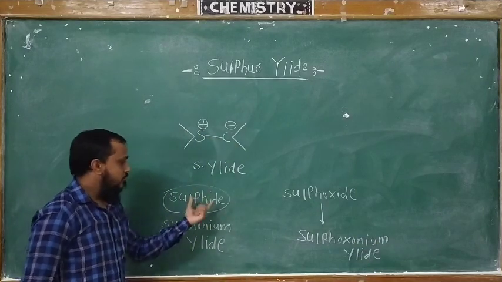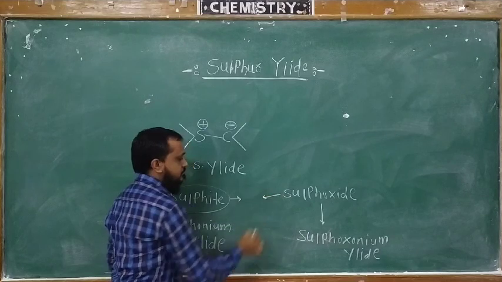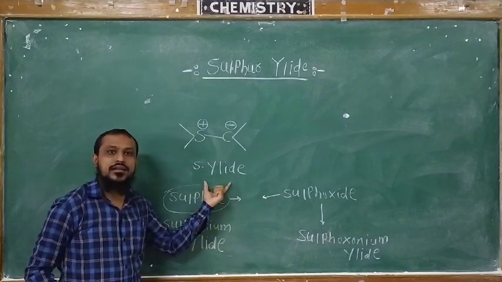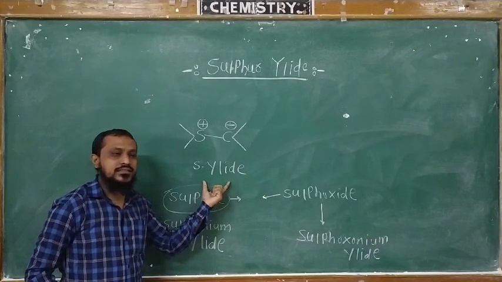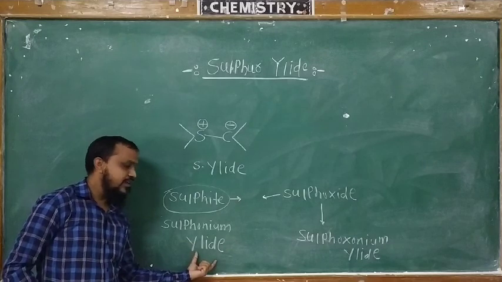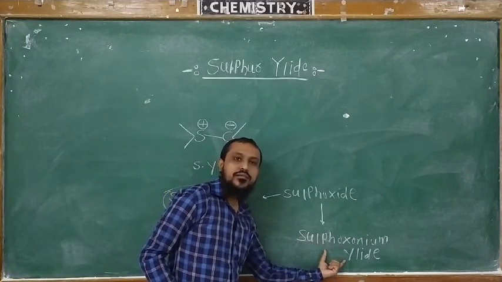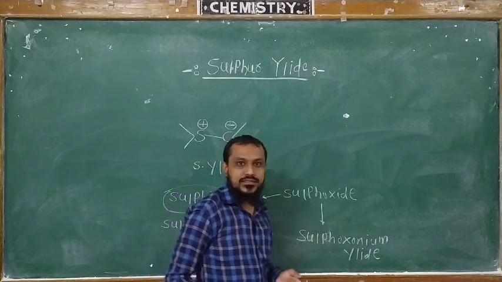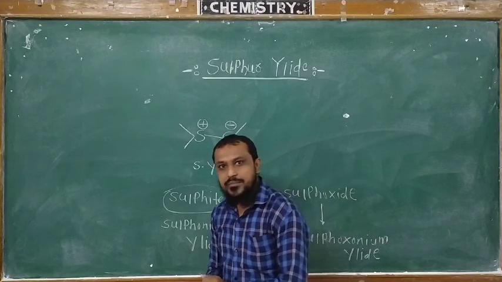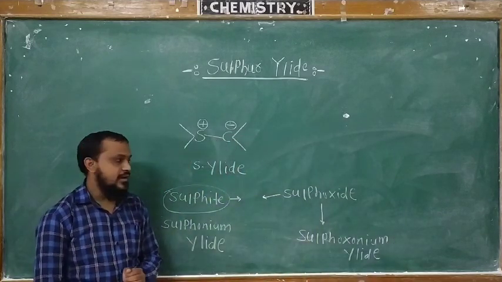So on the basis of the reactant that is used in the preparation of sulfur ylide, the sulfur ylide are of two types. First one is sulfonium ylide and second one is sulfoxonium ylide. These are the two types of sulfur ylide on the basis of reactant used in the preparation.